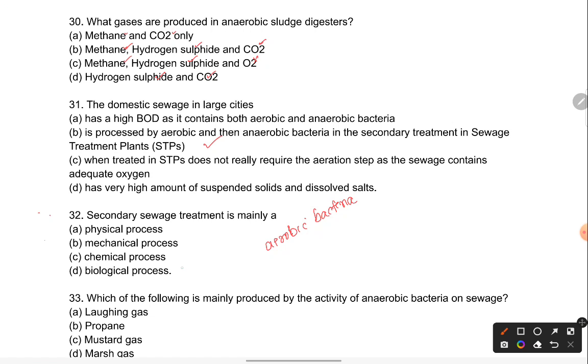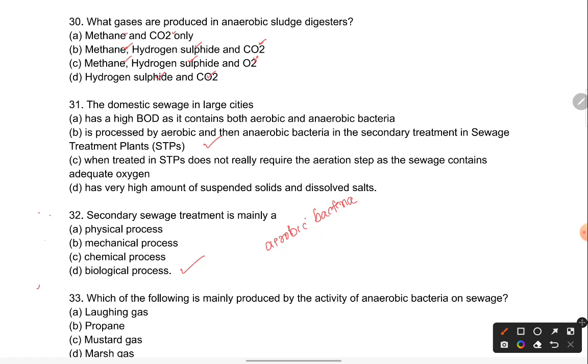So we can call it a biological process because with the help of living organisms, the actual sewage treatment takes place in the secondary treatment plant. So that process is a biological one. Okay, so D is the correct option.